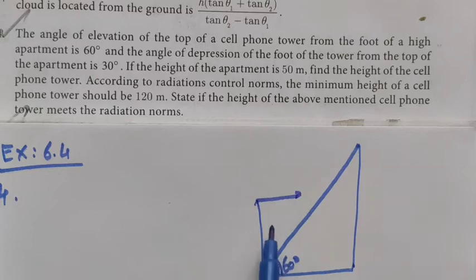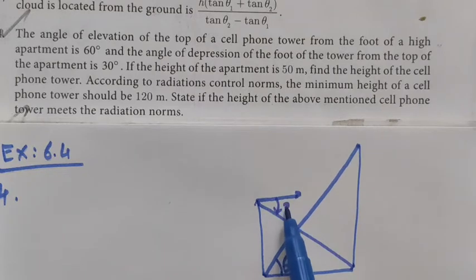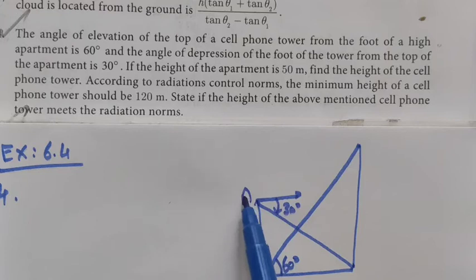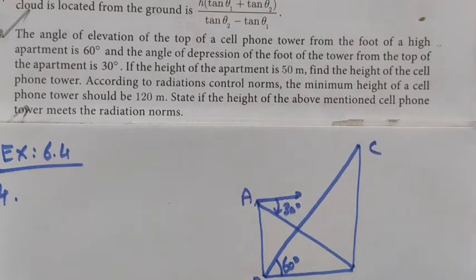So below the horizontal line is the angle of depression, so this angle is 30 degree, right? Let me take it as A, B, C, D. The height of the apartment is 50 meter, that is given.